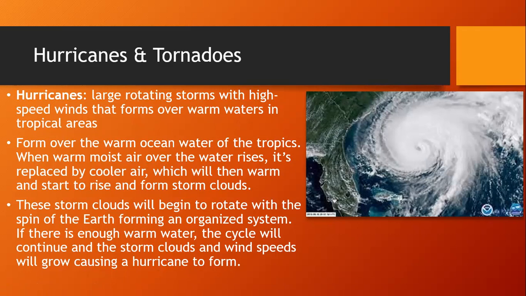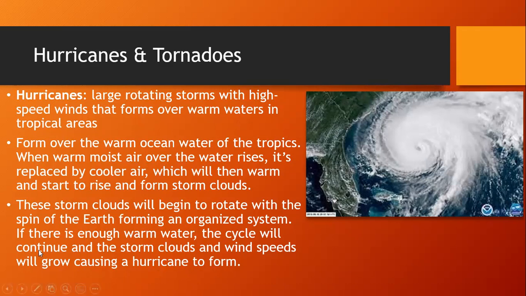And so it's when these clouds start rotating that you start seeing this image here. This is a full-on hurricane, but that's when you start seeing a tropical storm, which is what precedes a hurricane. Once storm clouds begin to rotate with the spin of the earth, they'll start forming this organized system, this kind of cyclone-looking cloud.